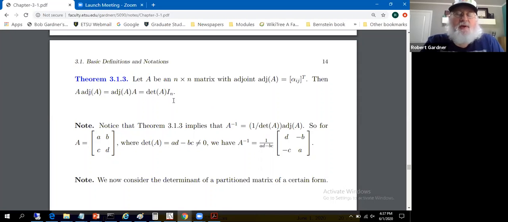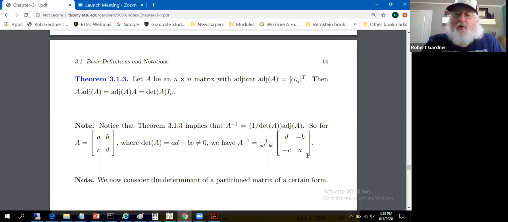So not only do I have to find the determinant of A, I've got to find determinants of minor matrices to find the adjoint. We're doing this over all i and j. Now, I've got n squared of those things. This is nightmarish. But it's true that we can express the inverse of matrix A using determinants and adjoints.